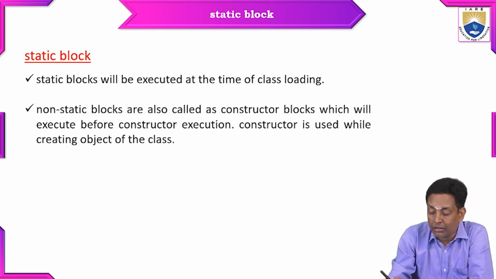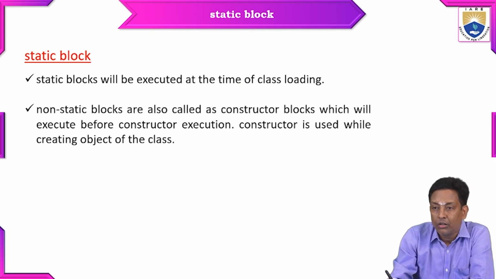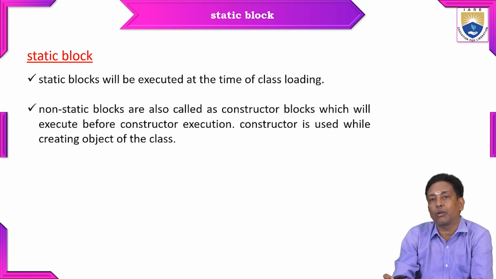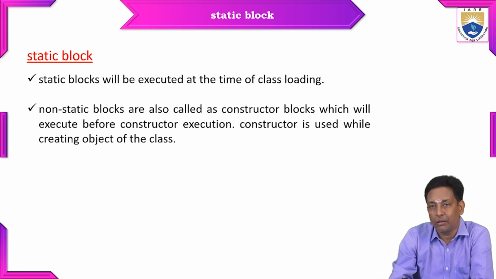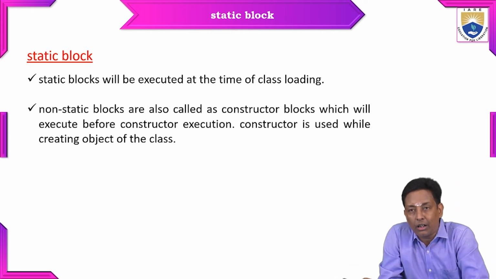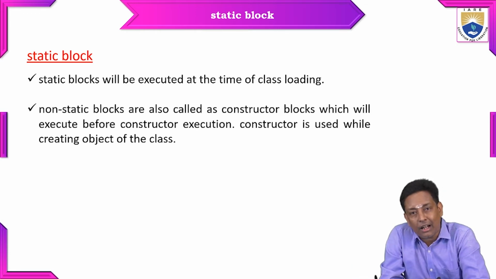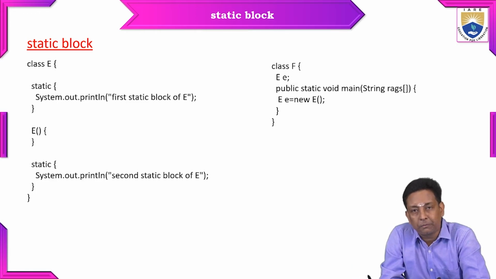Coming to the static block and non-static block, what do you mean by static block and non-static block? Why are static blocks required? Static blocks are executed at the time of class loading. We'll see the static block with an example. How to write a static block?